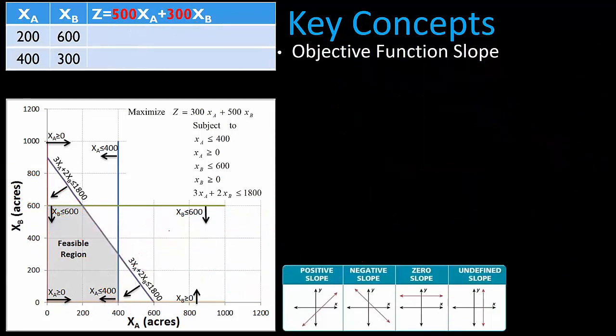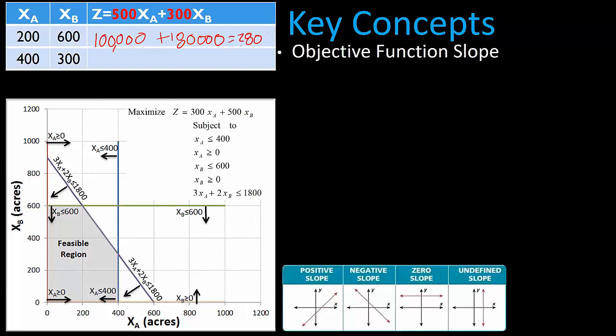In this case, we can test these values here, and it will be 500 times 200, it will be 100,000 plus this will be 180,000, so it will be 280.